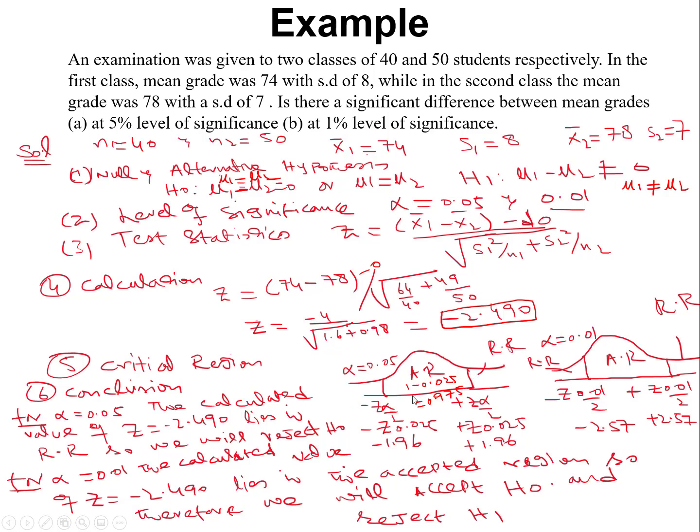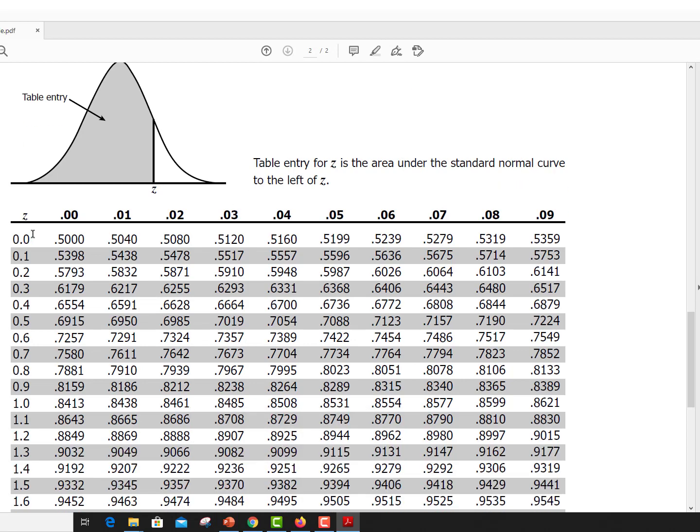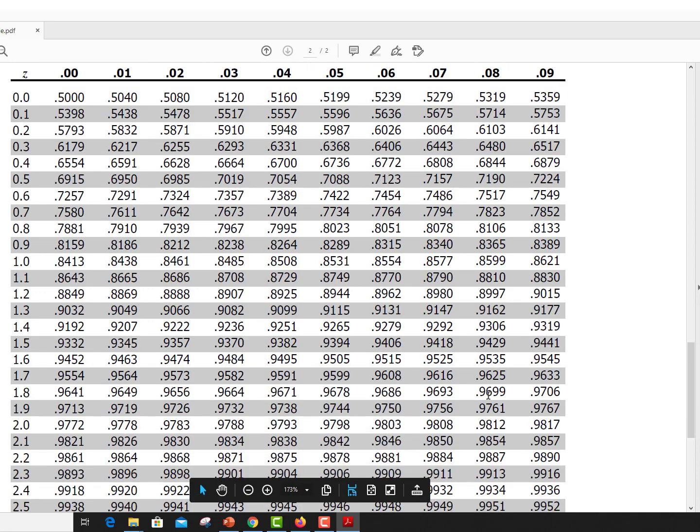Now you need to find out, because this is the whole area, the exact Z value from the table, which value represents Z for this specific measurement. So we will check the table. This is our standard normal probabilities table. You can see the first column showing the Z values. Now we are looking for 0.975.